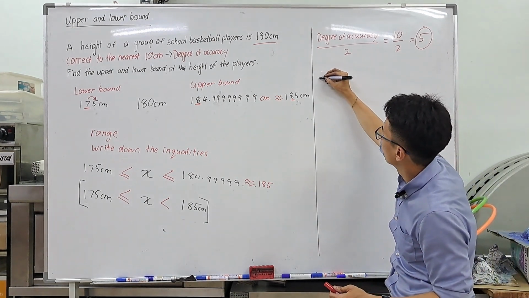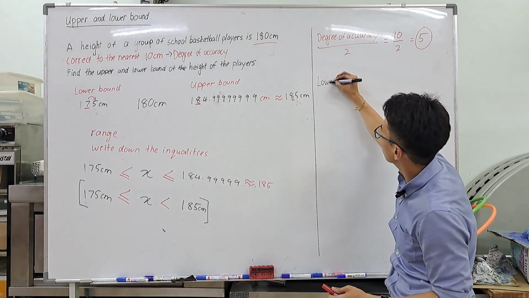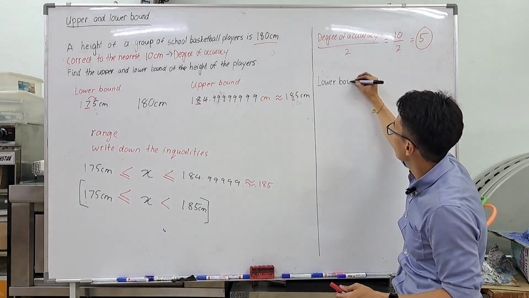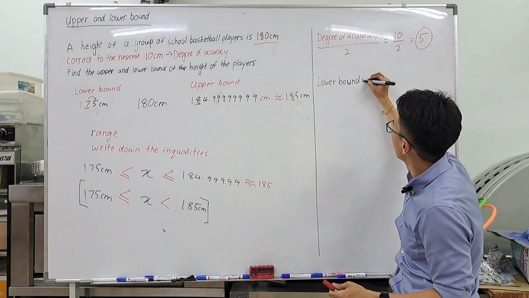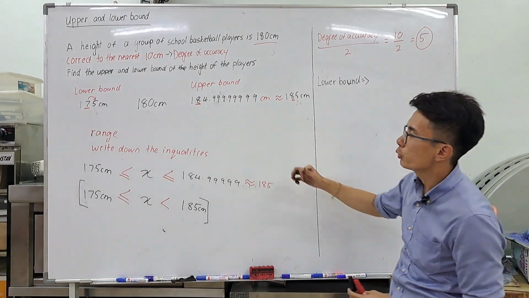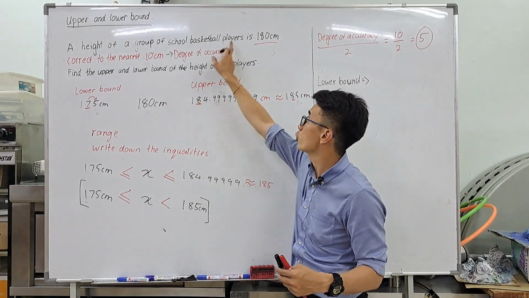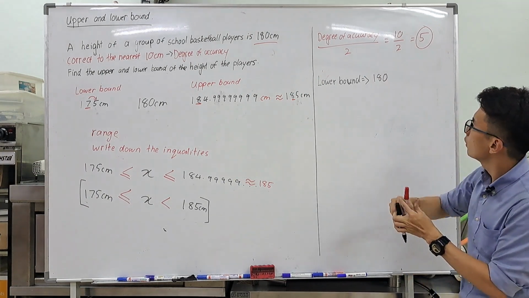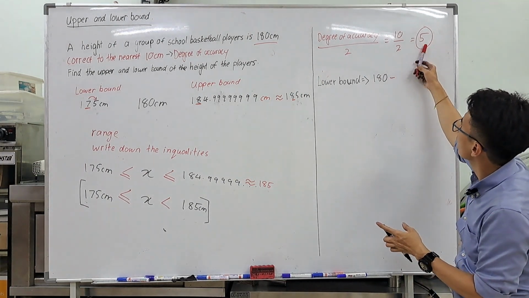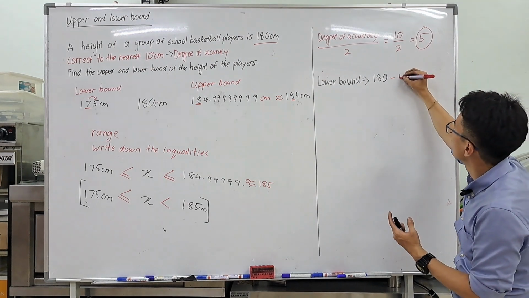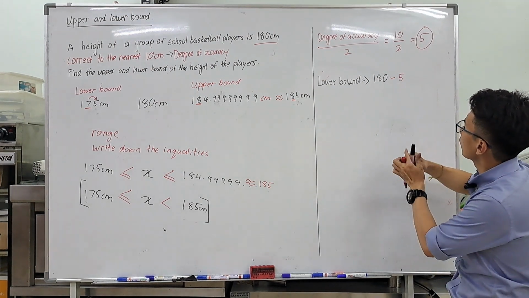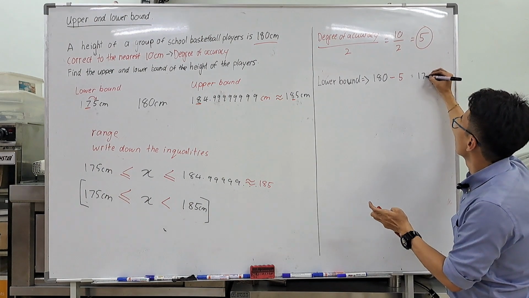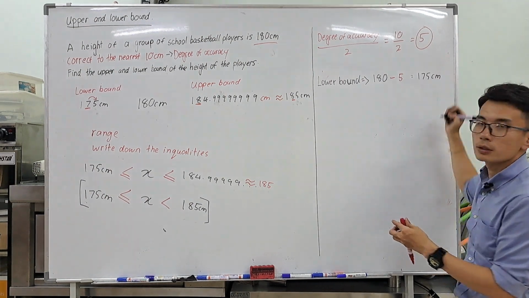We're going to write like this now. For my lower bound, I am going to use the rounded off value, which is 180, and I will just subtract this value over here, and I will get 175 centimeter.